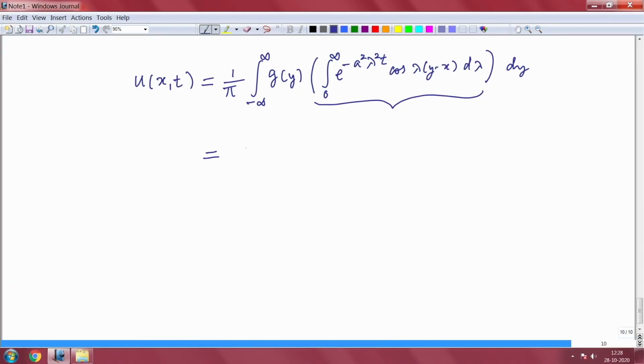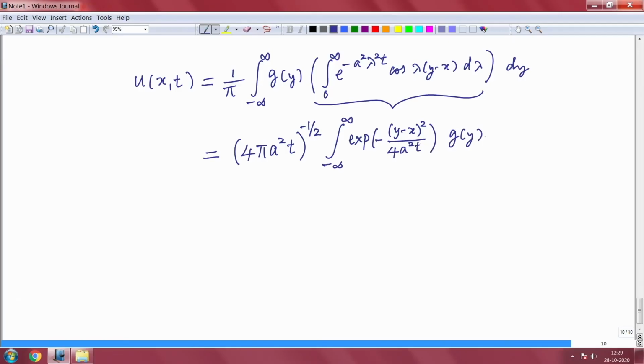So, that simplifies into, so let me write it, 1 by 4 pi a square t to the minus half, minus infinity to infinity, exponential. So, since expression is little big, so let me write exponential, y minus x square divided by 4 a square t, into g y, dy.